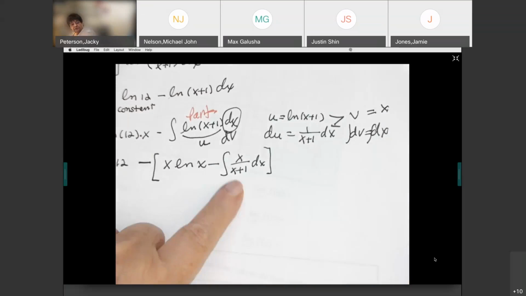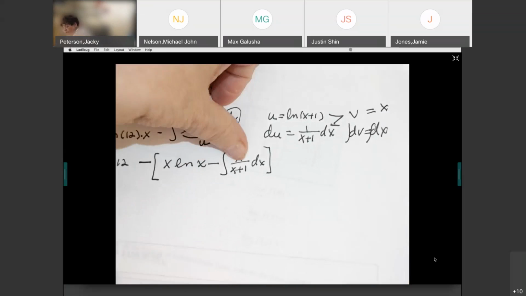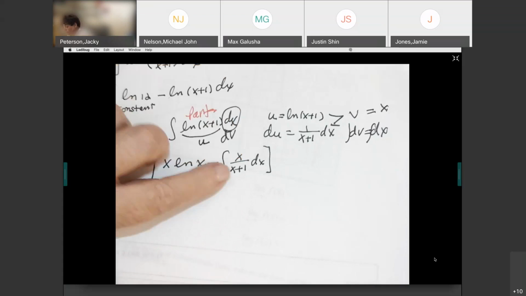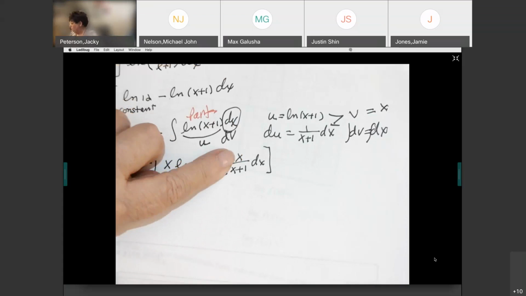Notice I have an x in the numerator and denominator. That's the thing that got me right there. Because if that weren't there, that's just natural log of x plus 1. But unfortunately, where'd that x come from?